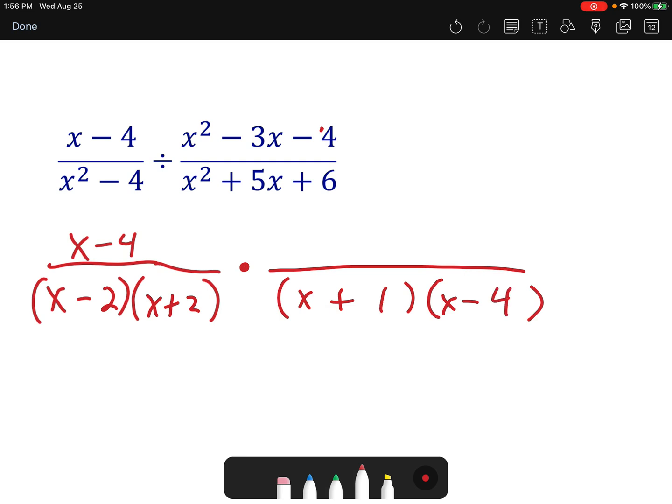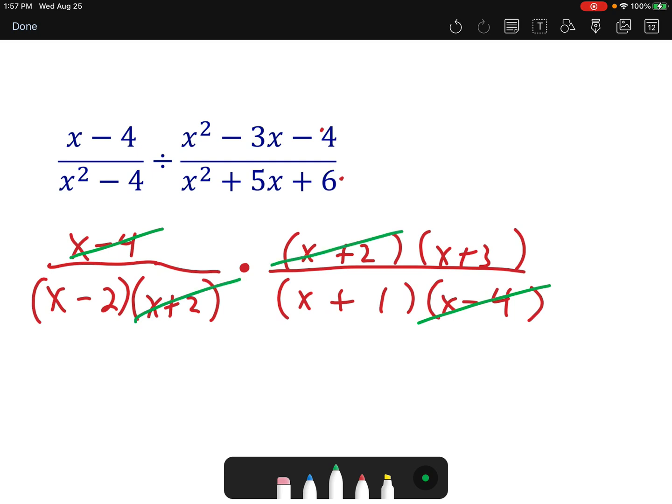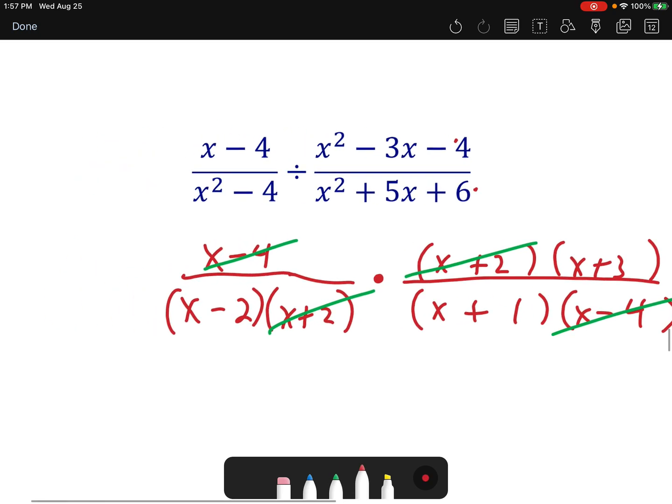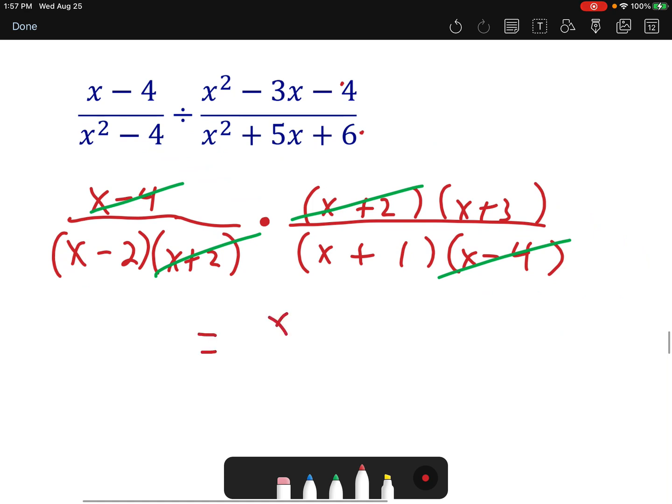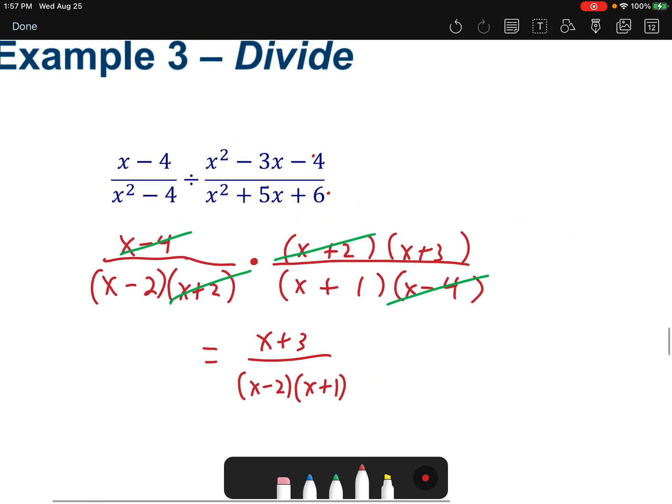So minus 4 plus 1, I believe. And this is going to go in the numerator. x plus 2, x plus 3. And then work your magic. So those cancel, and that's it. So the answer then would be x plus 3 over x minus 2 times x plus 1.